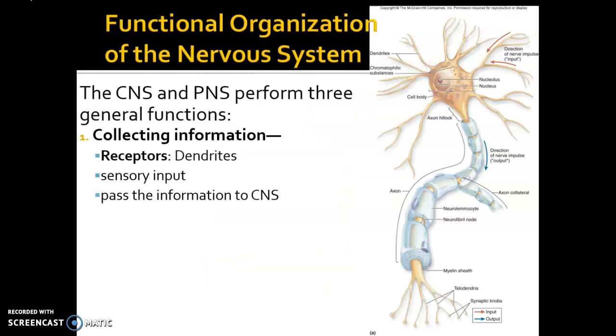Okay, so the function of the nervous system, as we talked about before, is to collect information. There are receptors throughout our body, and those receptors carry sensory information towards the dendrites, and this sensory information then feeds into the central nervous system, meaning the brain and the spinal cord.